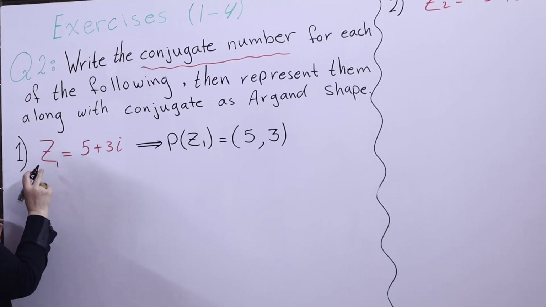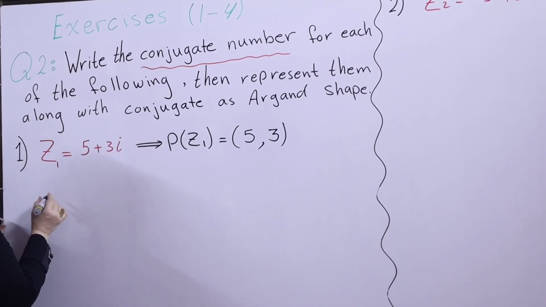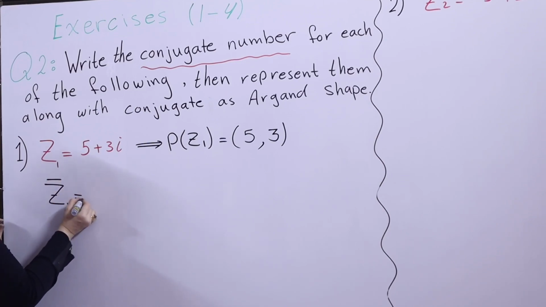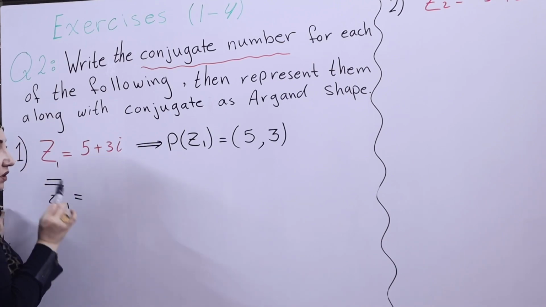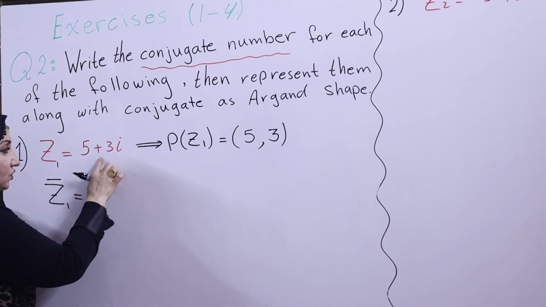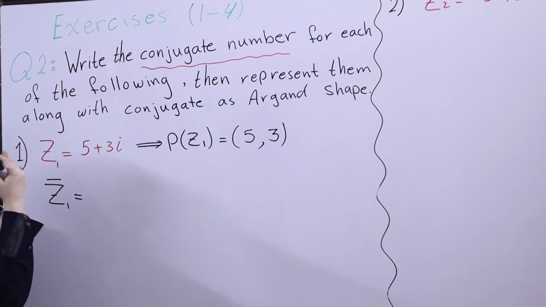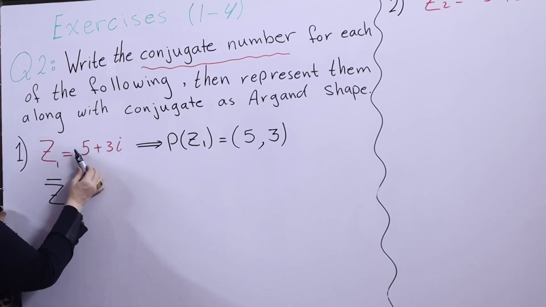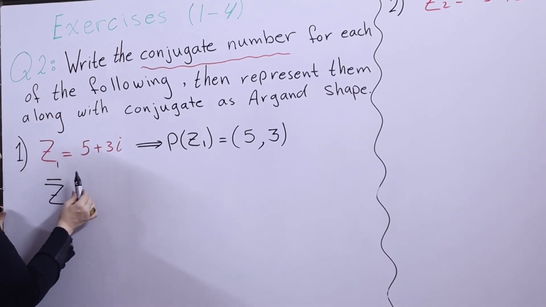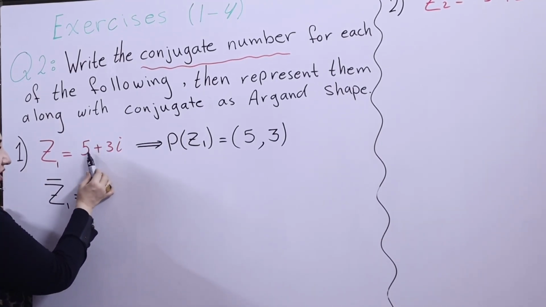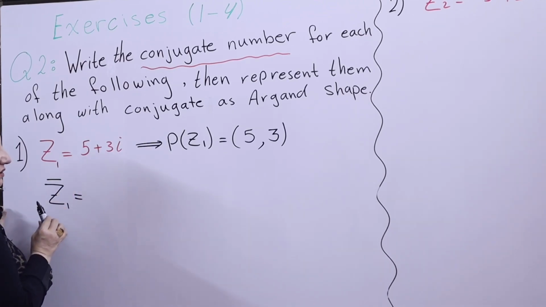And now we want to find the conjugate of Z1. So the conjugate of Z1 will be, we change the sign of the imaginary part only. نغير إشارة الجزء التخيلي فقط. بينما كنا بالاديتيف انفيرس قبل شوي بالسؤال السابق كنا نغير إشارة الجزء الحقيقي والتخيلي. لكن بالconjugate we change the sign of the imaginary part only.